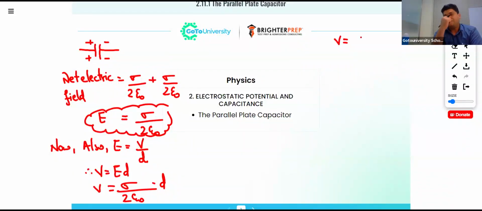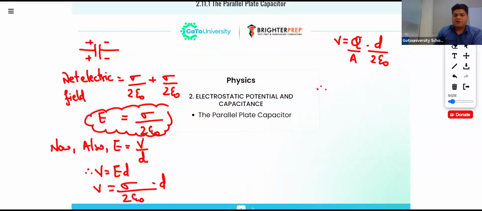What is sigma? Surface charge density. What is surface charge density? Charge over area. That means V will be equal to charge over area multiplied by D over 2 epsilon naught. V is equal to Q over A into D upon 2 epsilon naught.